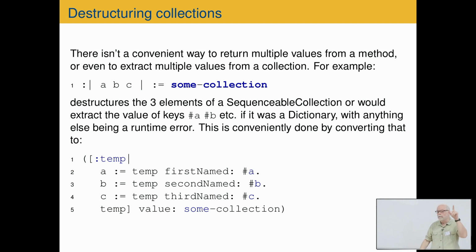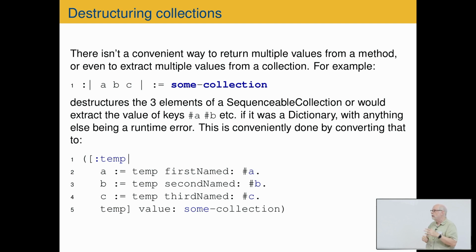So colon bar becomes a part of its valid expression, and whatever kind of collection is on the right-hand side, it sends the appropriate messages. That code on the top gets turned into the code on the bottom, except the temp variable is one that will not conflict with anything.